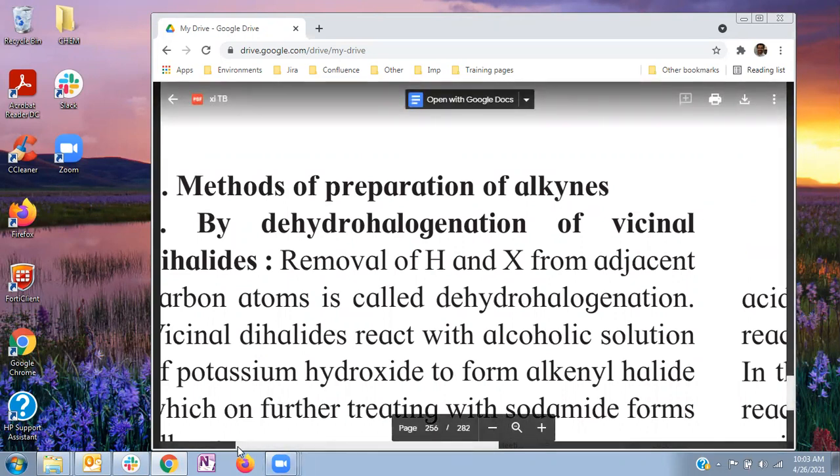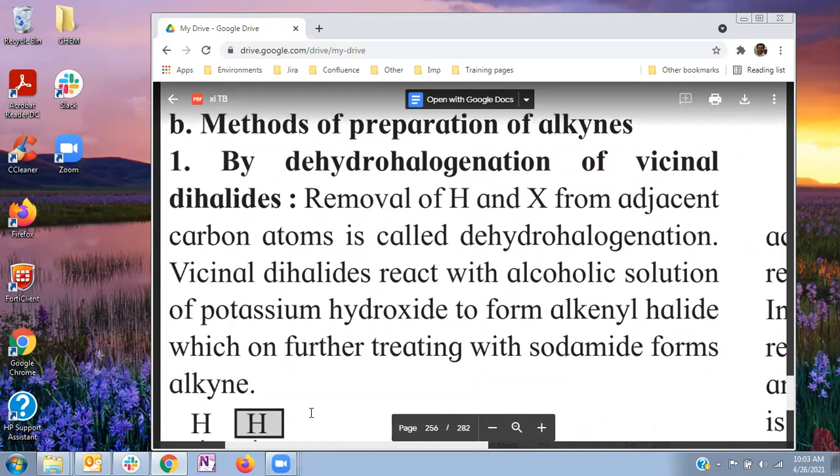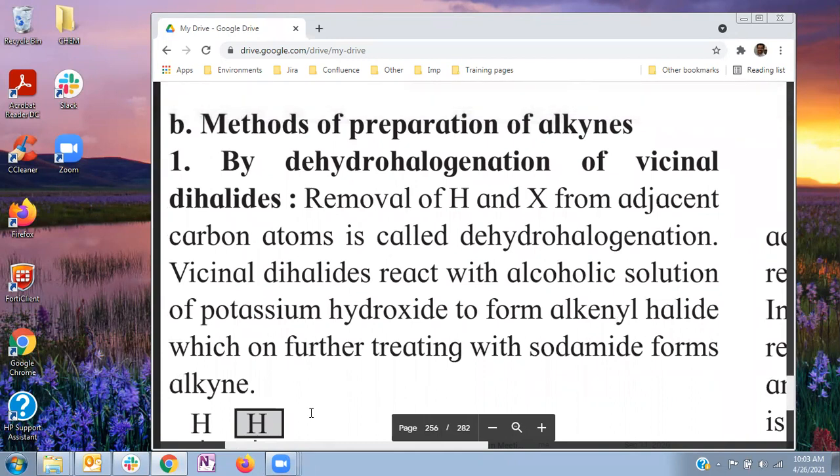In the laboratory, alkynes can be prepared. The first method is by dehydrohalogenation of vicinal dihalides. The meaning of de is removal, hydro means hydrogen atom, and halo means a halogen atom.